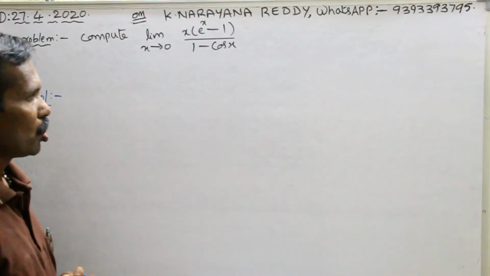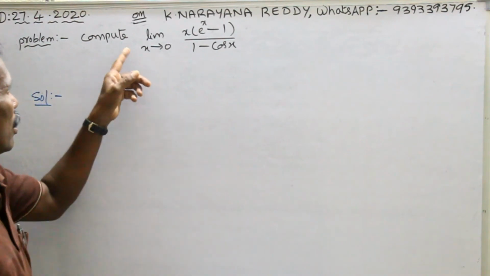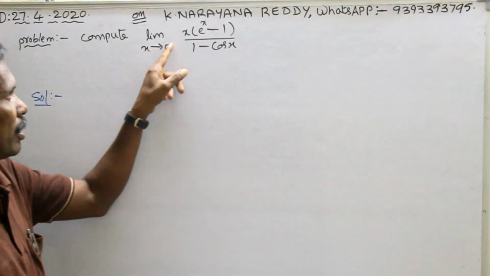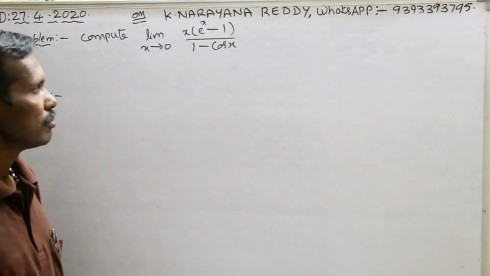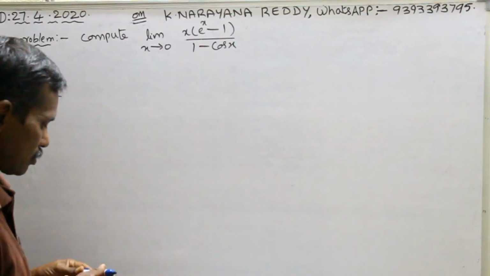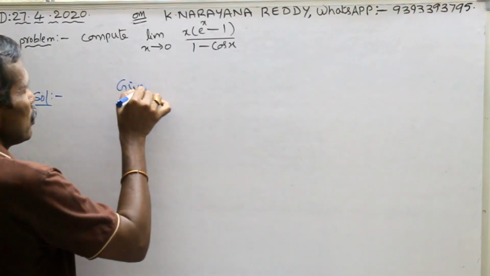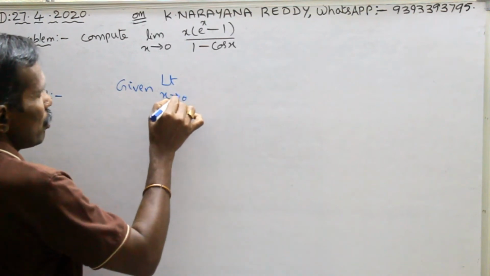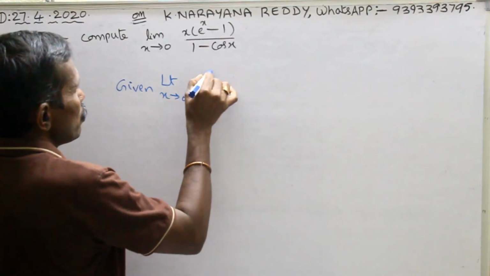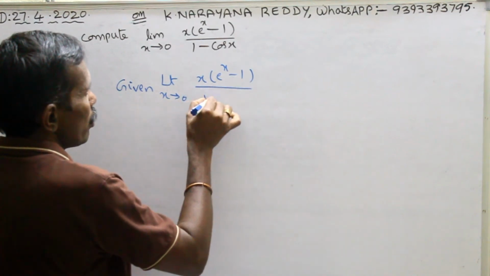This problem is also regarding standard limits. Compute limit x tends to 0, x into (e power x minus 1) by (1 minus cos x). Simple. Given limit x tends to 0, x into (e power x minus 1) divided by 1 minus cos x.